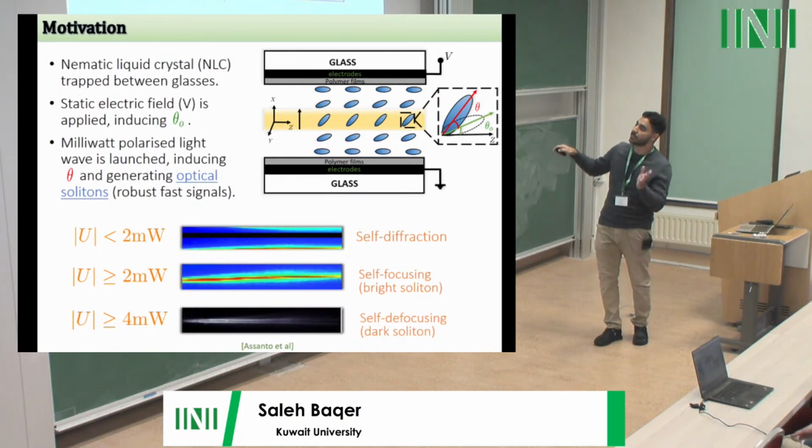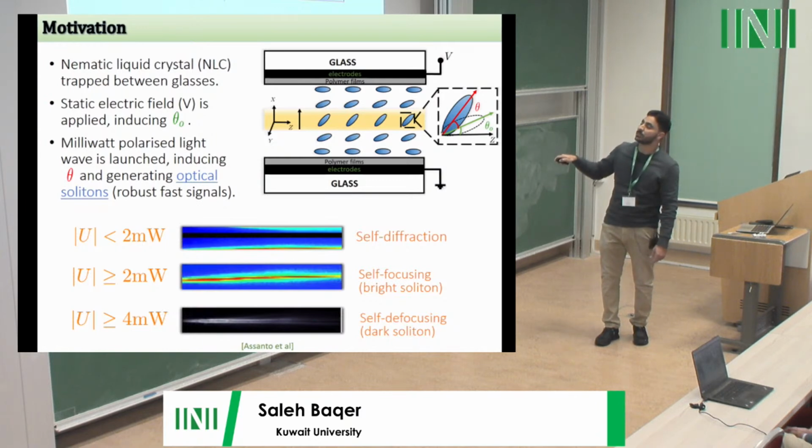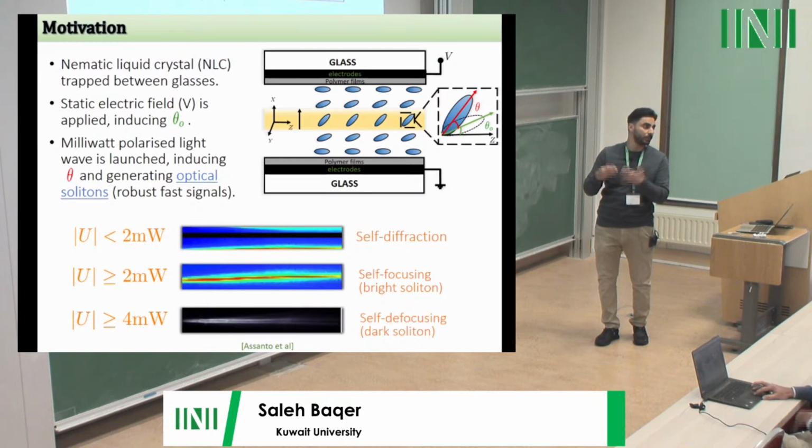Okay, so here are some snapshots from experiments that belong to Gaetano Assanto. When the light wave intensity is small, the light wave diffracts over the cell. And when you increase the light wave intensity, the nonlinearity kicks in, but due to the nature of nematic liquid crystal, the nonlinearity will be balanced with the self-diffraction effect.